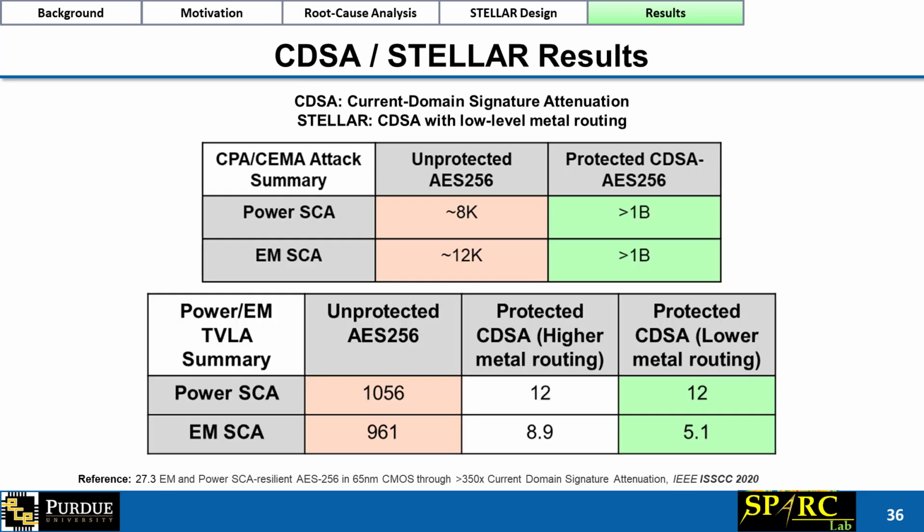We observed a greater than 350x signature attenuation leading to greater than 1 billion MTD for the protected AES implementation. Also, the test vector leakage assessment, or TVLA, revealed that the higher metals leak more compared to the signature attenuation hardware with lower metal routing.